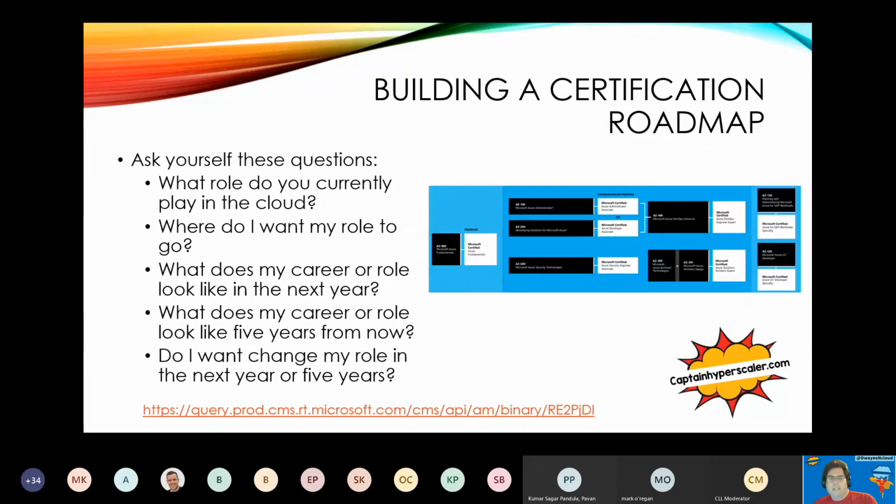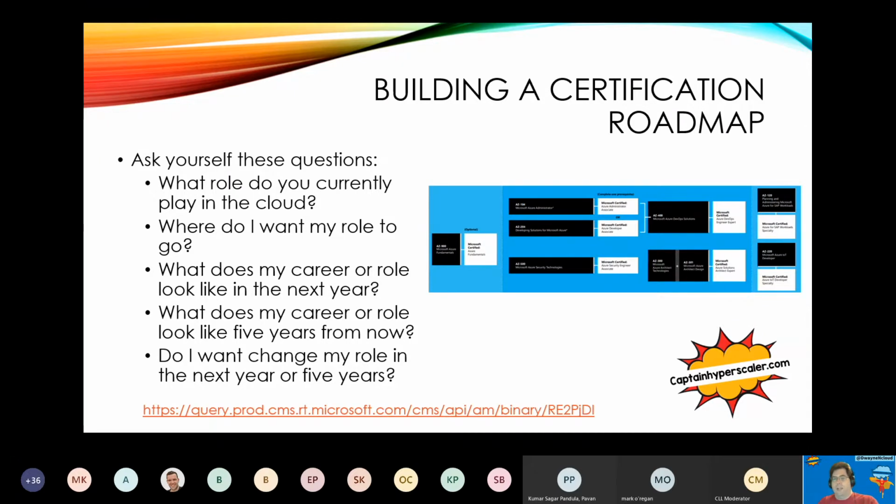So many of you are here today because you do want to become certified. And the key thing around becoming certified is asking yourself some key questions. What is your current role that you're playing in the cloud? Where do you want your role to go? And what does my role look like the next year and the next 5 years? And do I want to change my role?